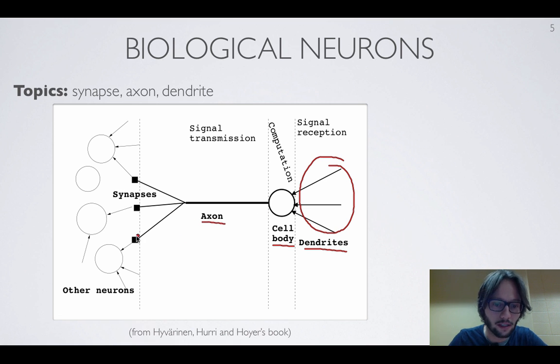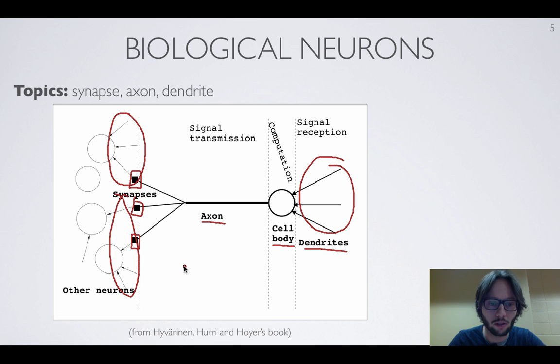And this axon then becomes some branches which are eventually connected to other neurons' dendrites. And the point of connection between these dendrites, so this little square here in this cartoon illustration, would be the synapses. So the synapse is where the axon reaches other neurons' dendrites.